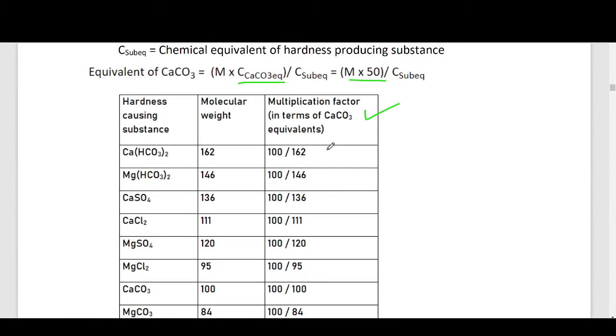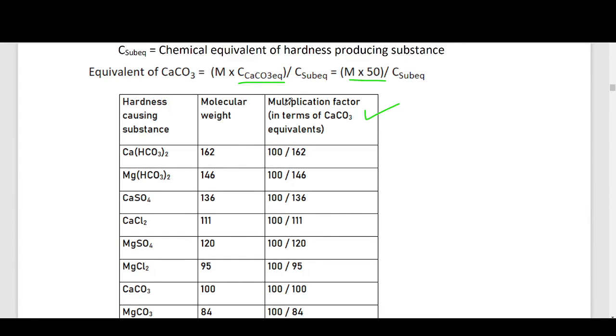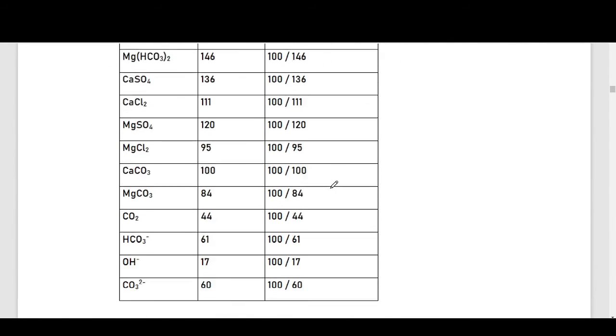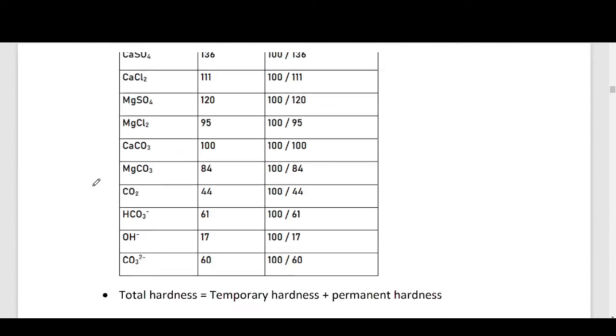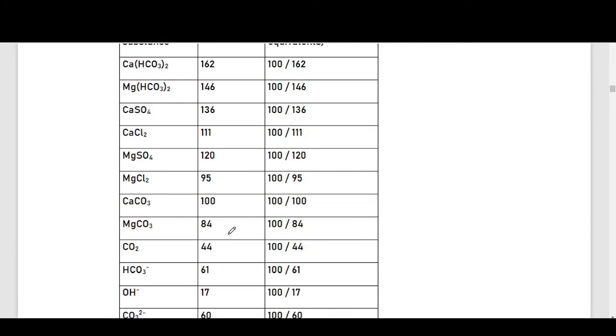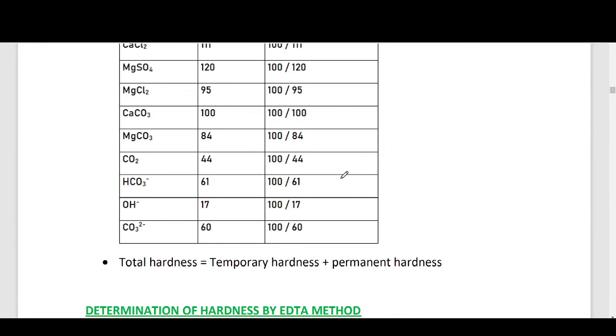This has to be learned by heart, as we should first of all calculate the effective weights for each of the hardness causing substances in each of the problems, and for that we require a multiplication factor. So we have various hardness causing substances, then we have the molecular weights, and finally the multiplication factor. This is an important formula: total hardness is equal to temporary hardness plus permanent hardness.